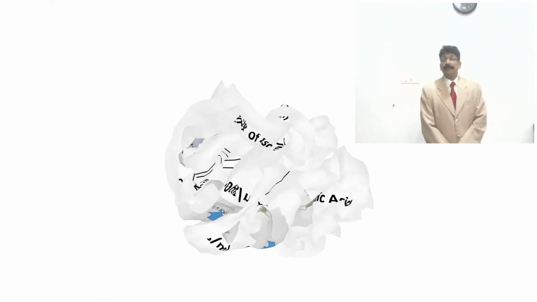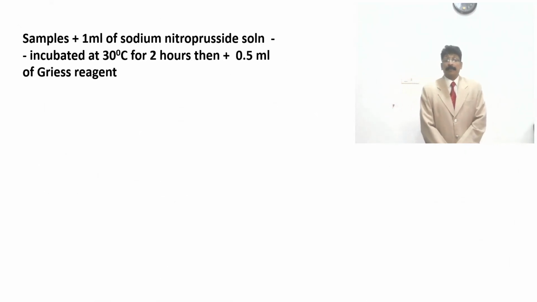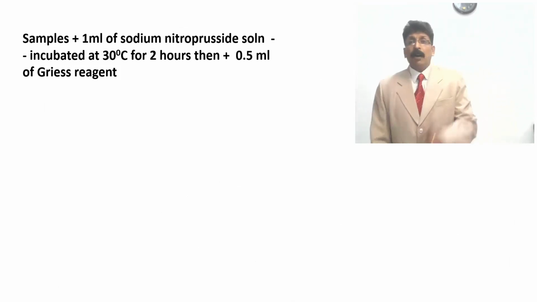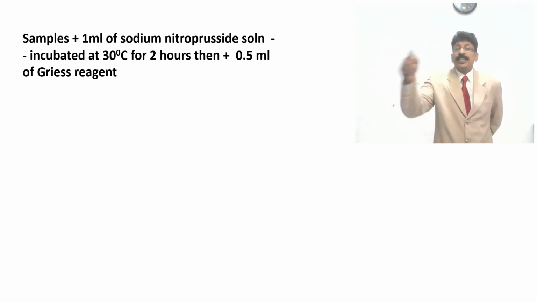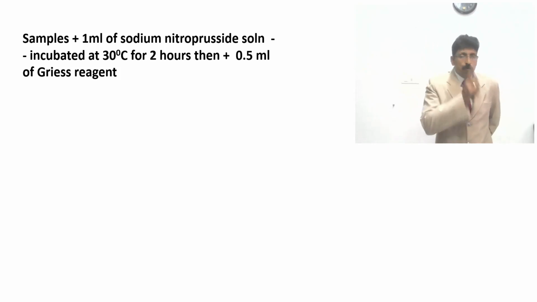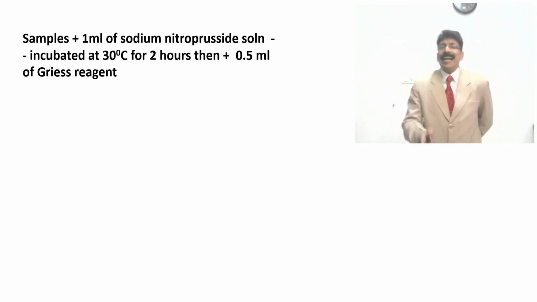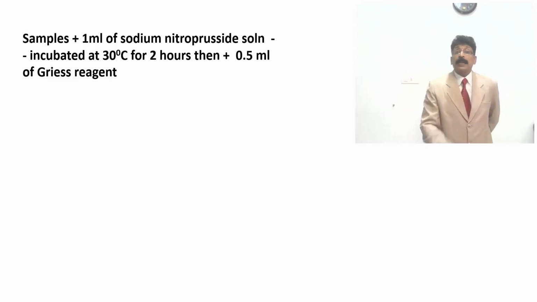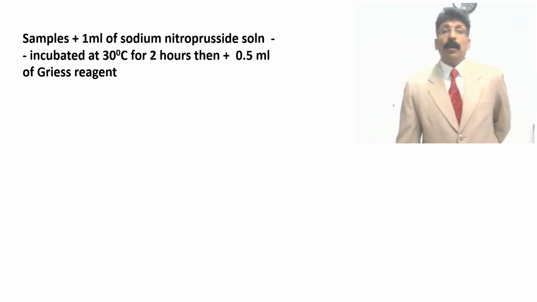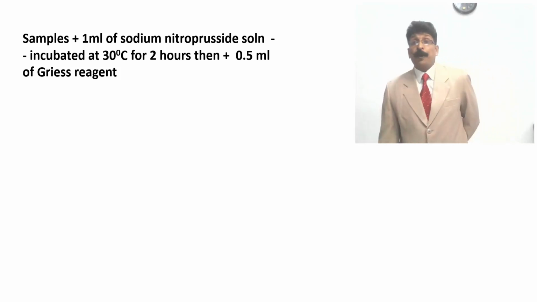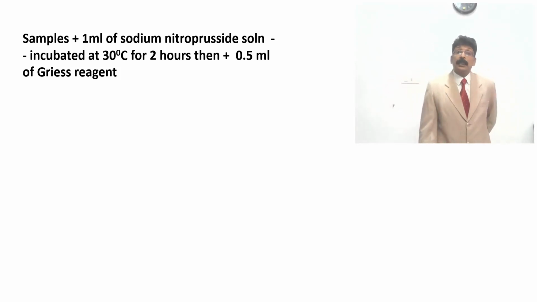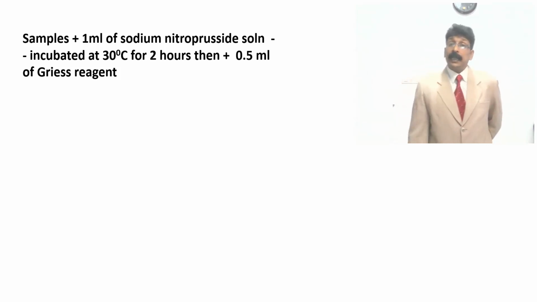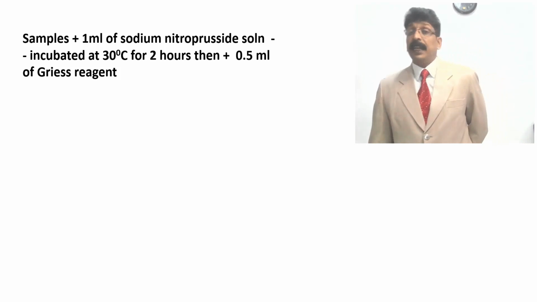So these are the 2 slides which I have explained, for the standard and the test sample we have prepared. For each dilution which you have prepared, that is, 20, 40, 60, 80 and 100 microgram, draw 1 ml in a test tube and add 1 ml of sodium nitroprusside solution which you have prepared, and incubate for 2 hours at 30 degrees centigrade plus or minus 0.5 degrees centigrade in an incubator.